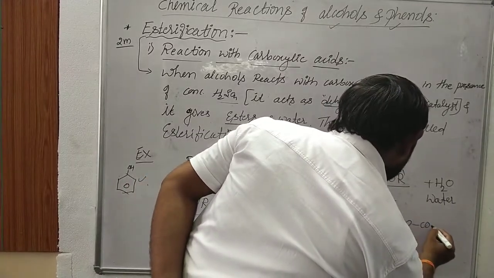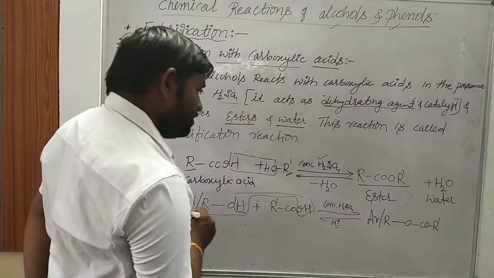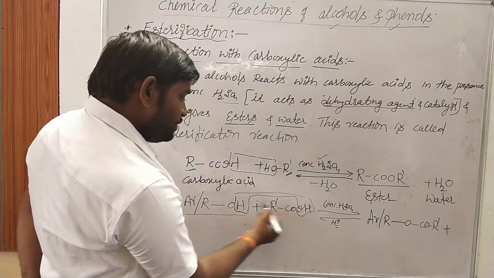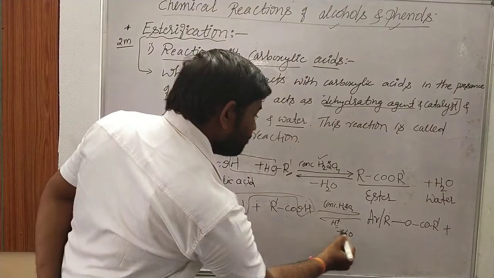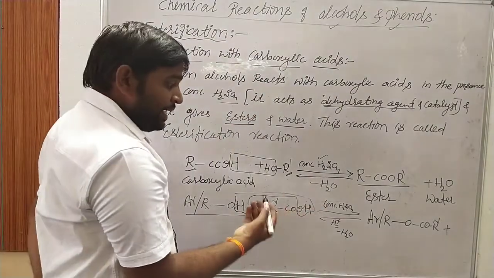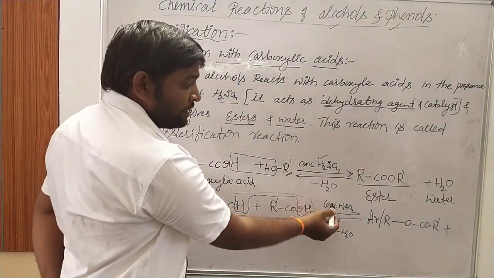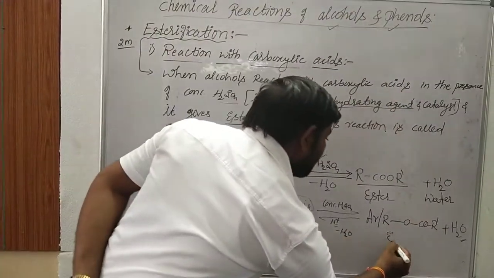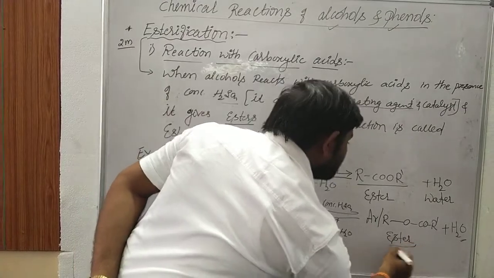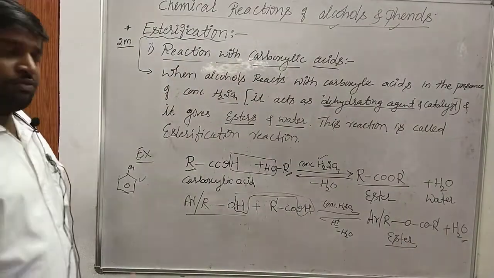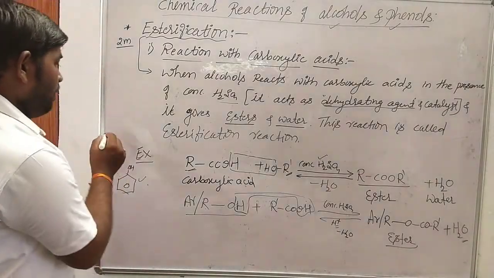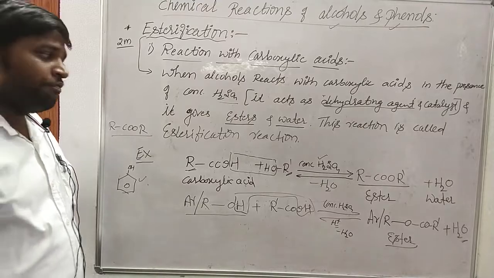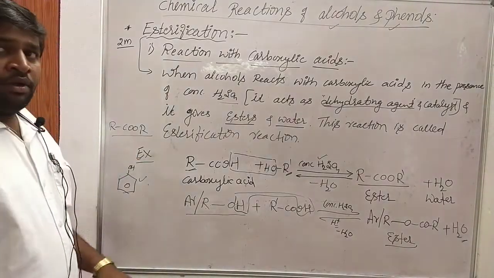That leads to the formation of RCOOR dash, you may consider this as R dash, plus elimination of OH plus H. That is the loss of one water molecule, dehydration due to the presence of concentrated sulfuric acid, leading to the formation of water. This molecule is called ester. Do you know what the functional group for the ester is? RCOOR. This is the functional group for the ester molecule.